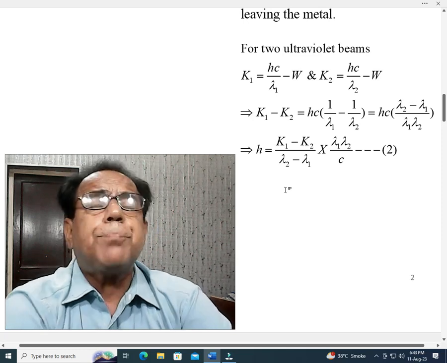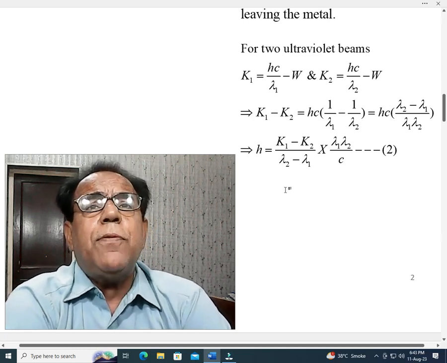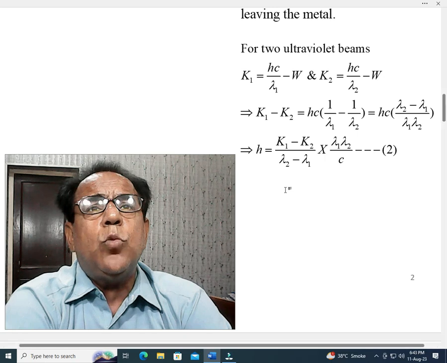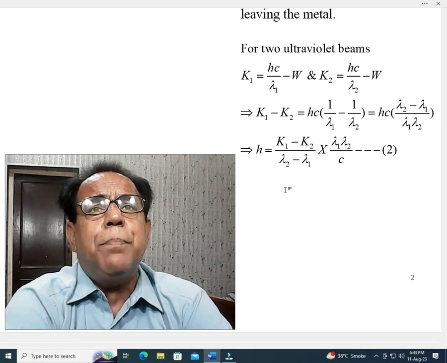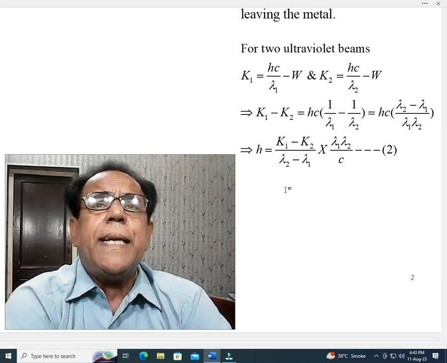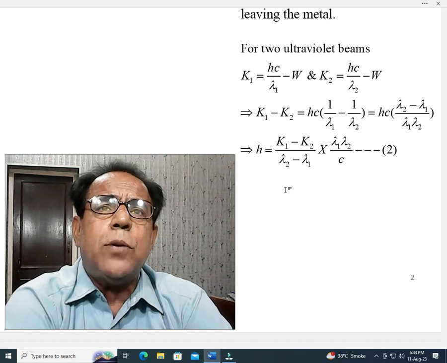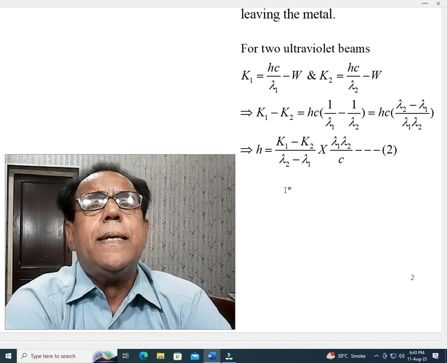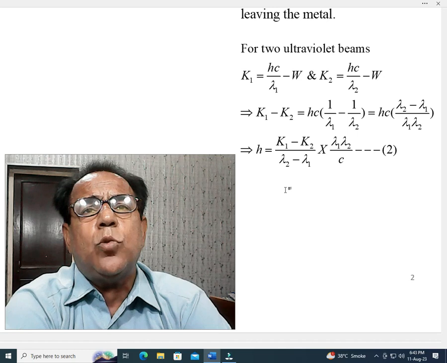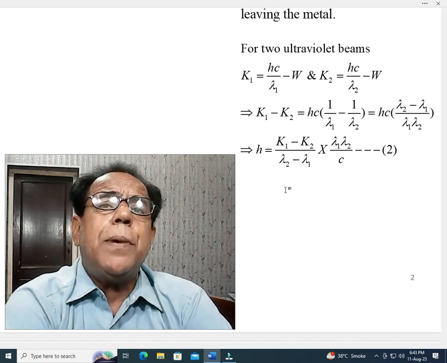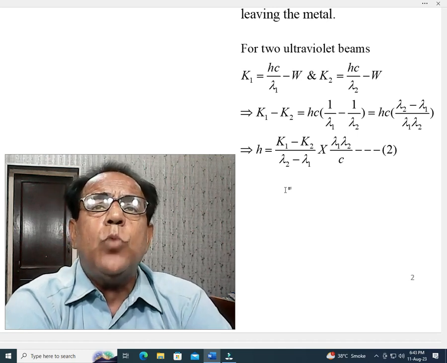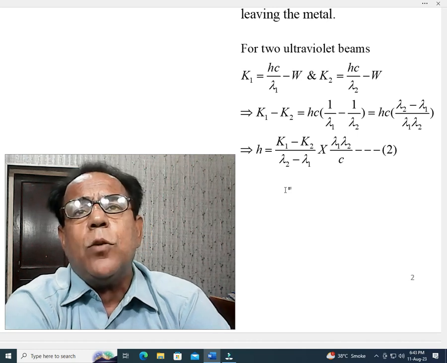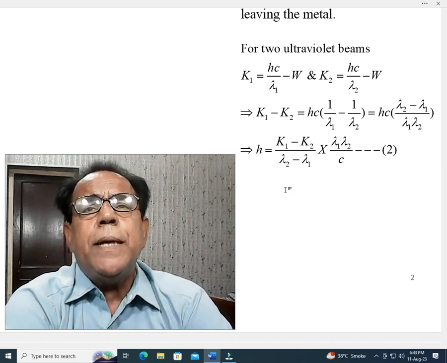For the two ultraviolet beams, K1 equal to hc over lambda 1 minus W and K2 equal to hc over lambda 2 minus W. This implies that K1 minus K2 becomes equal to hc times 1 over lambda 1 minus 1 over lambda 2, equal to hc times lambda 2 minus lambda 1 over lambda 1 lambda 2 by taking LCM.